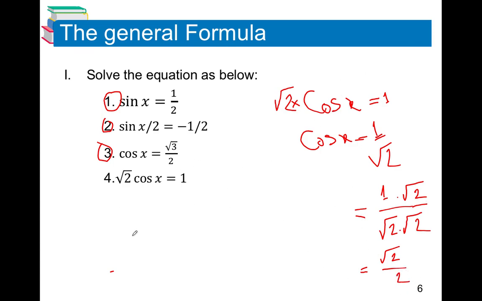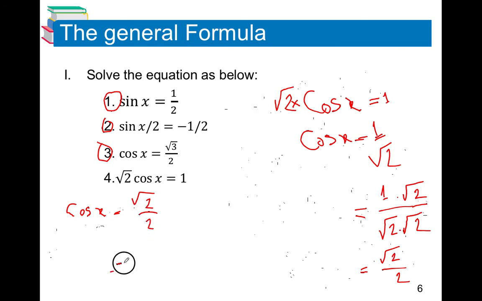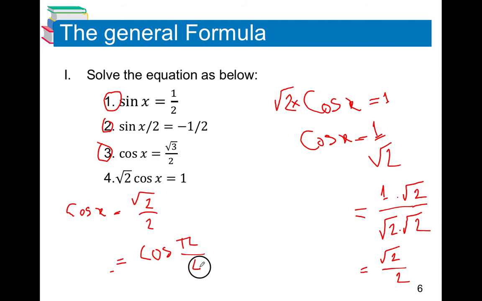Now we have cos h equals square root 2 over 2, right? Actually, in the table, square root 2 over 2 is cos pi over 4. You can see in the table. So we can conclude the answer now.